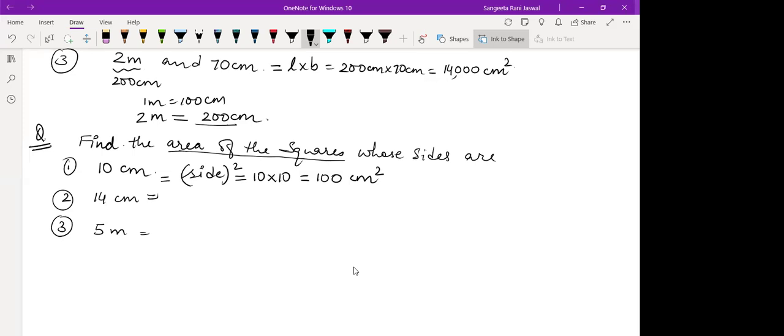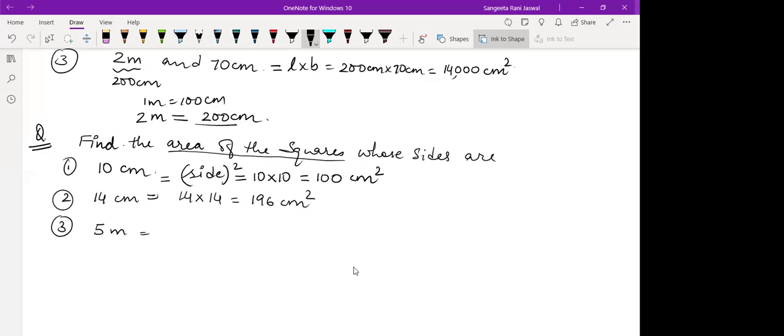Next, Harshit. Yes, ma'am, 14 centimeters. The side into side, 14 into 14 is 196 square centimeters.